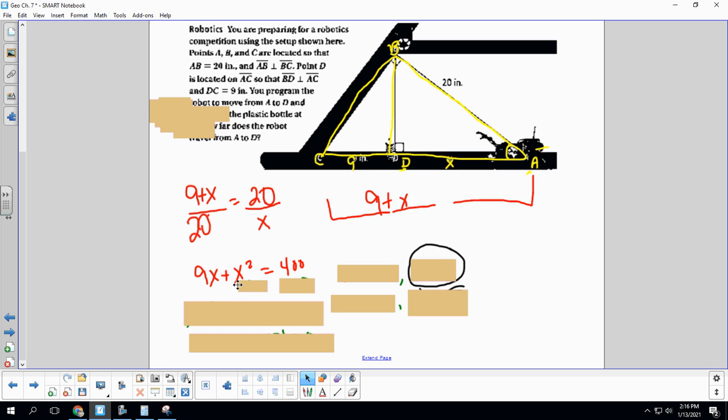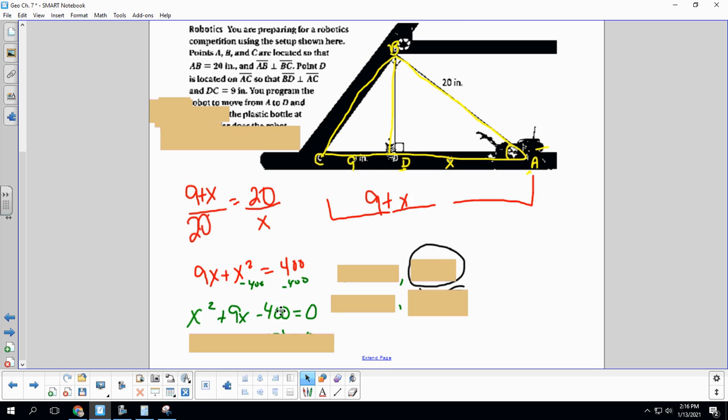When you have a quadratic like this, you need everything on one side of the equation. So we have to subtract 400. Let's sort this out a little bit better. So we put the x squared in front, plus 9x minus 400. We want to factor this out.